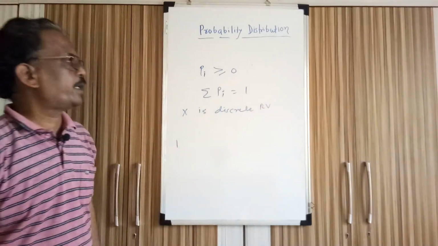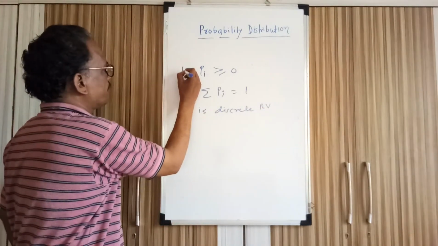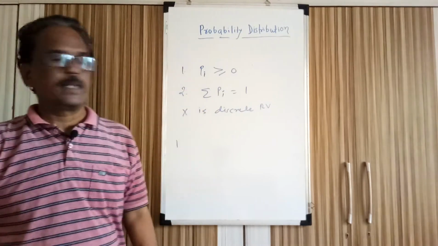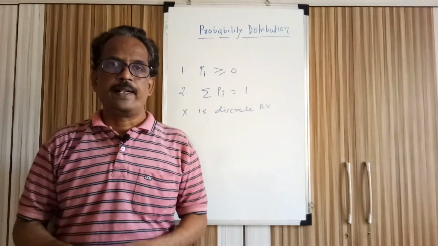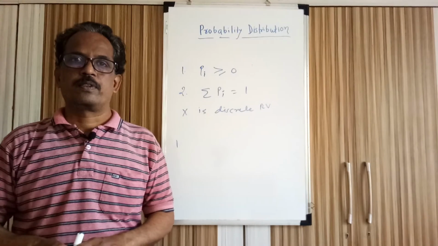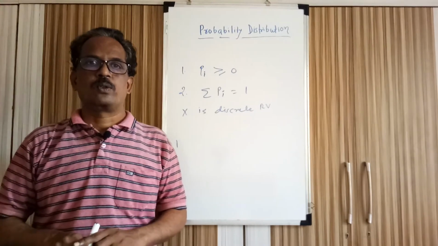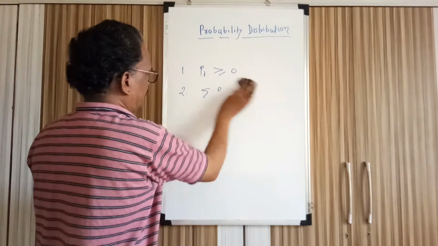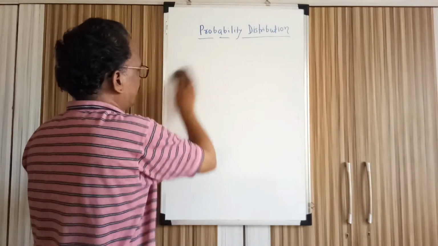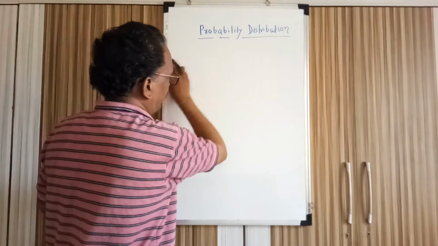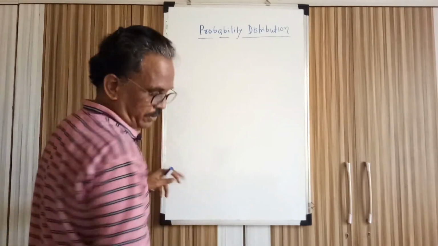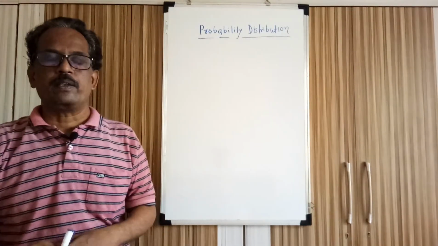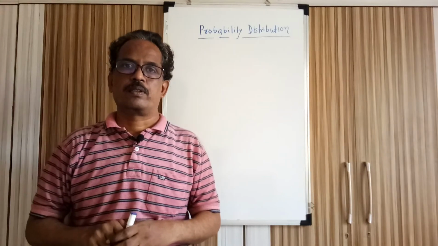All probabilities must be greater than or equal to 0, and the addition of probabilities should be 1. This is what we have to remember for the discrete random variable. So we use probabilities, and in the case of a continuous random variable, we use fX(x).